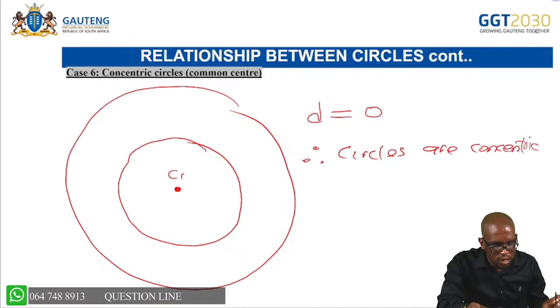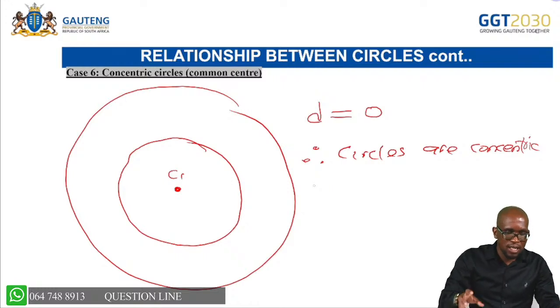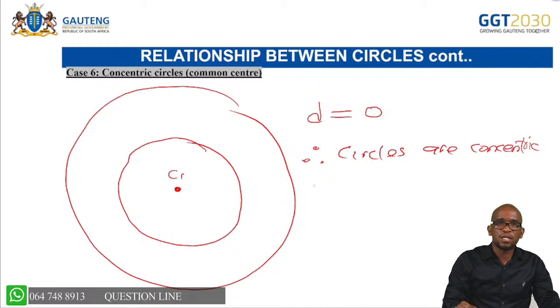Yes, they do not touch, but the smaller circle is inside the bigger one and shares the same center as the bigger circle. That's the knowledge we've gathered for now. Those are the 6 cases to determine the relationship between two circles.